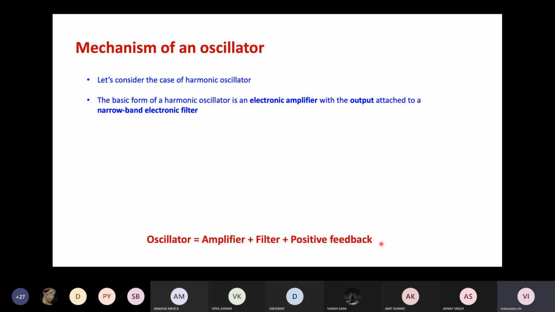These three are required in order to make any oscillator, be it a mechanical oscillator or an electronic oscillator. In a mechanical oscillator, we would need a mechanical amplifier. In an electronic oscillator, we would need an electronic amplifier. So as an amplifier, we can use the op amp, okay? But what is the role of the filter and positive feedback?